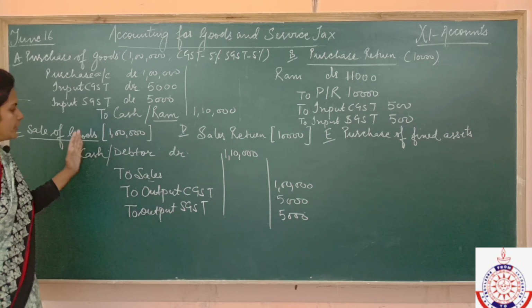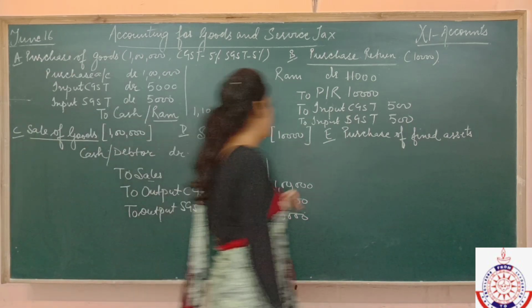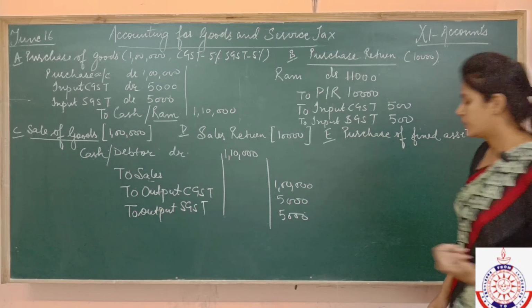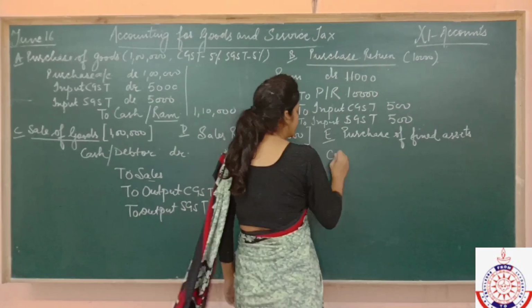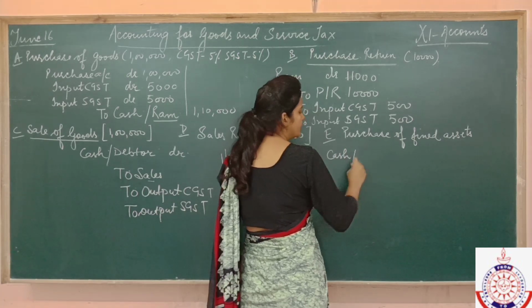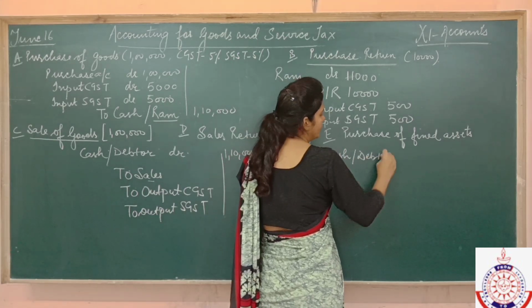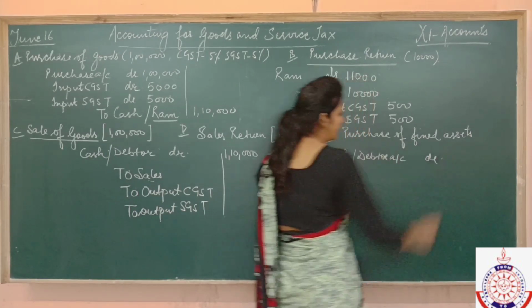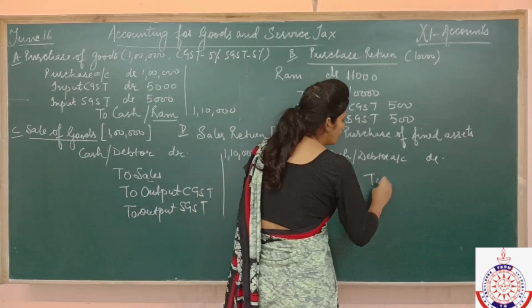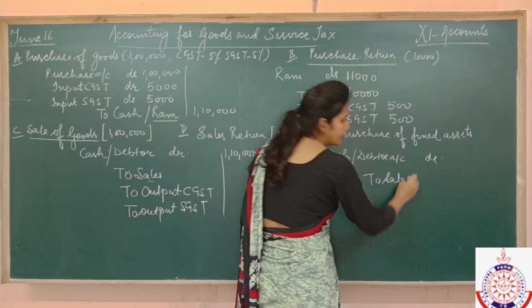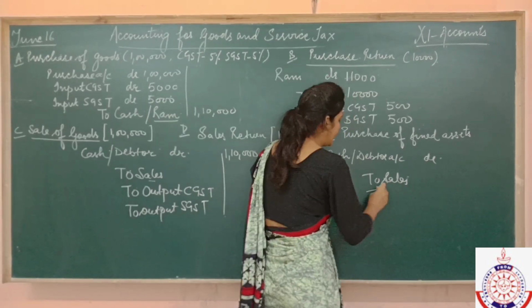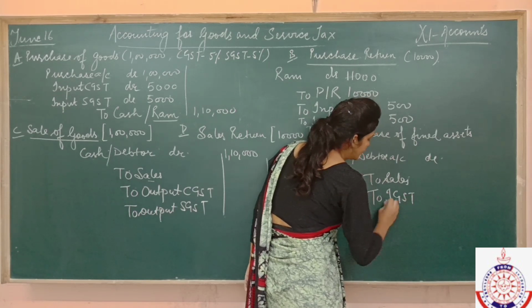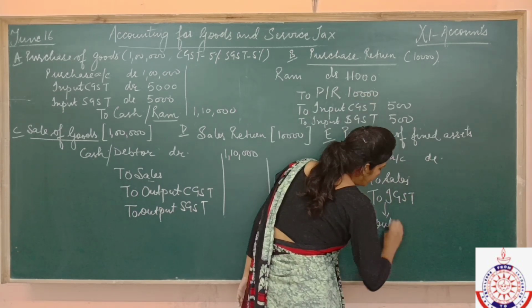Got it? So now in the same case, if I am selling goods interstate, fine, then what entry will I pass? If it is a cash sale, then the word cash. If it is a credit sale, then the word debtor. Their accounts will be debited. To, again I have to use the word sales. Now in case of interstate, I use the word IGST, and again I have to use the word output.